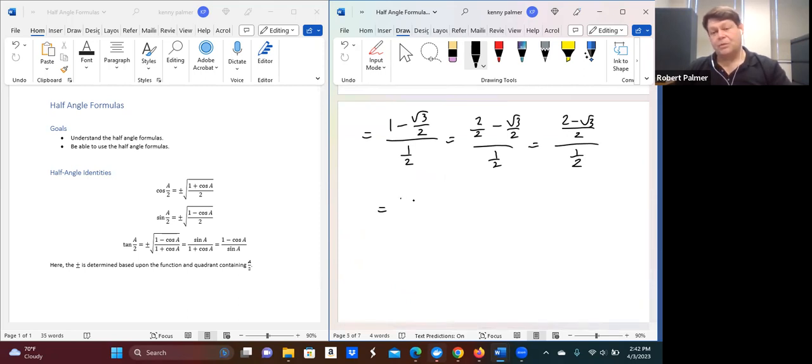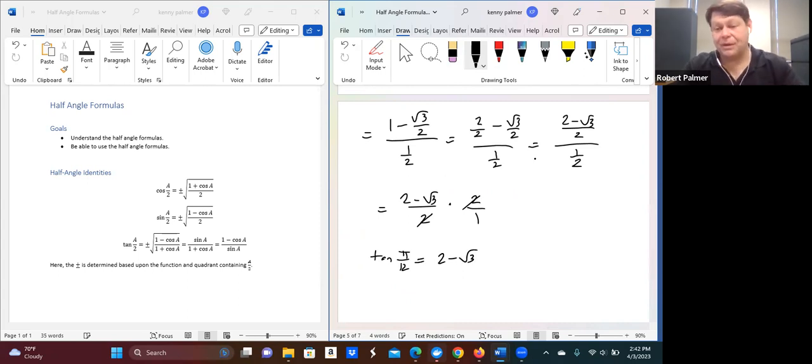And so we have 2 minus the square root of 3 over 2 times 2 over 1. And this just reduces to the simplest expression of all of them, which is right there. So we have the tangent of pi over 12 is equal to 2 minus the square root of 3.